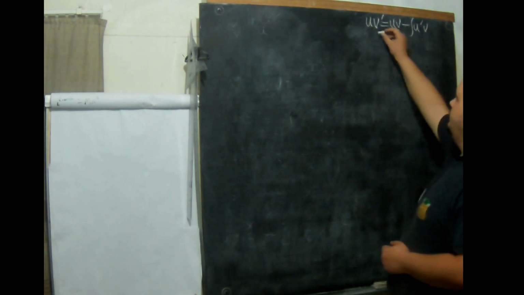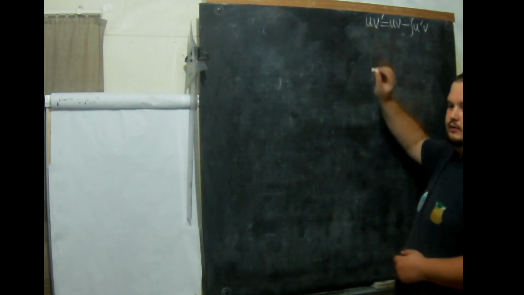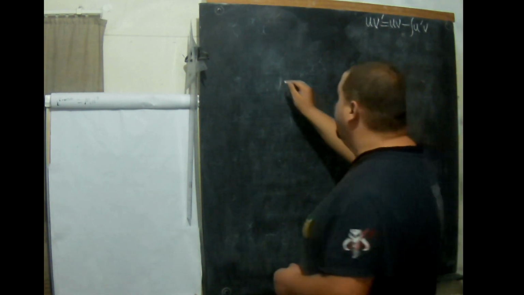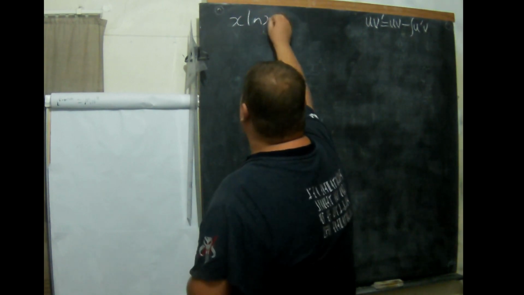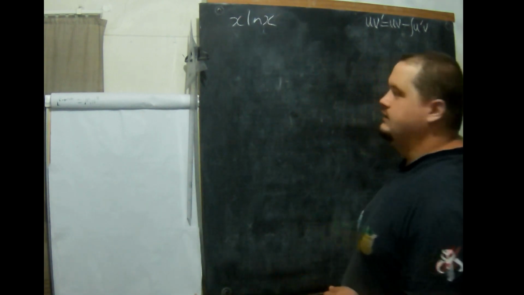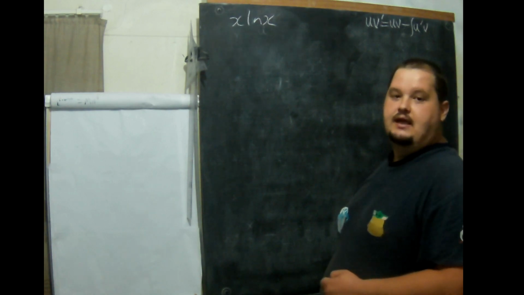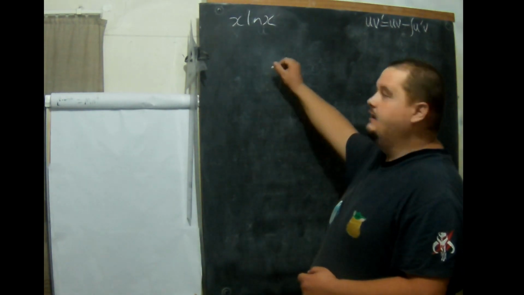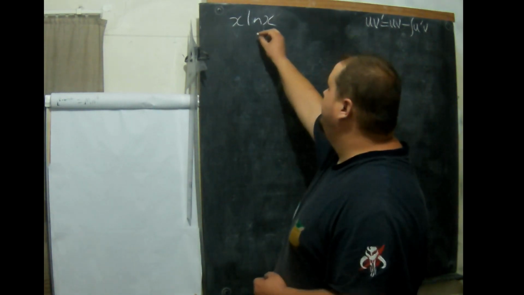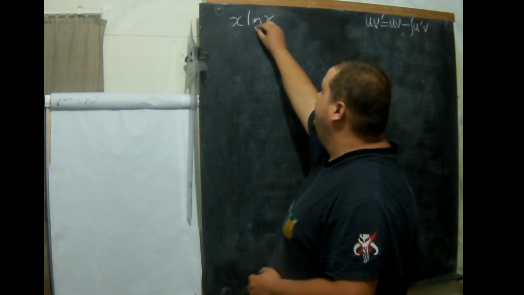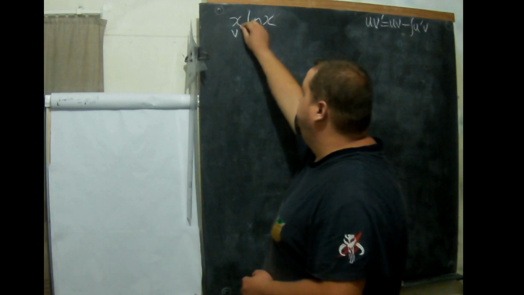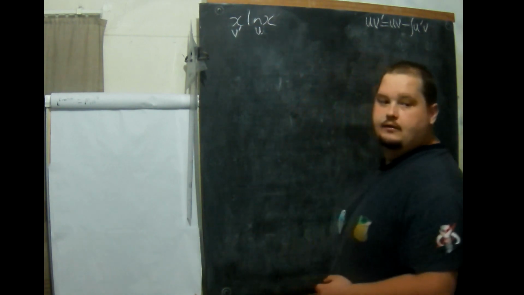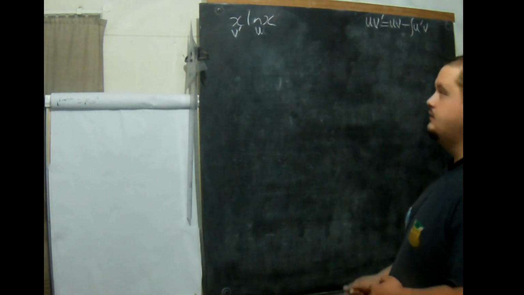Okay, u will be something like this. So we're going to do the integral of x ln x. Now we can't integrate this as it stands. So because of that, what we need to do is say that ln x is u and v prime is x, because this is how it starts.